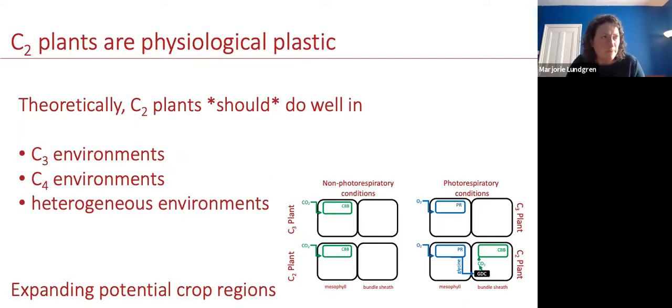If you look at the SAGE review papers, this keeps coming up. And it could be that engineering C2 photosynthesis into crops could mean we can start expanding agricultural lands into more marginal spaces. So this is what I'm hoping. These are the reasons I'm putting my time and effort into this C2 idea.